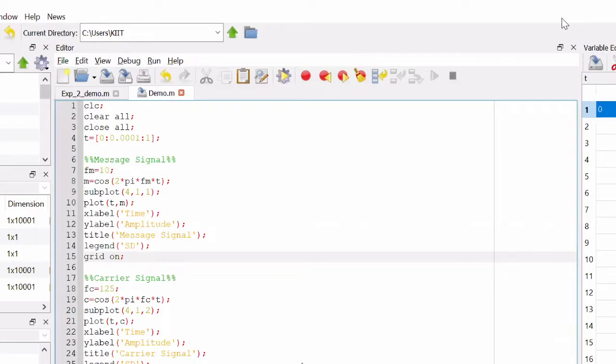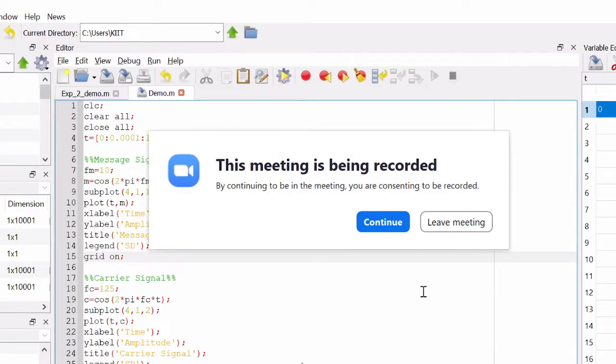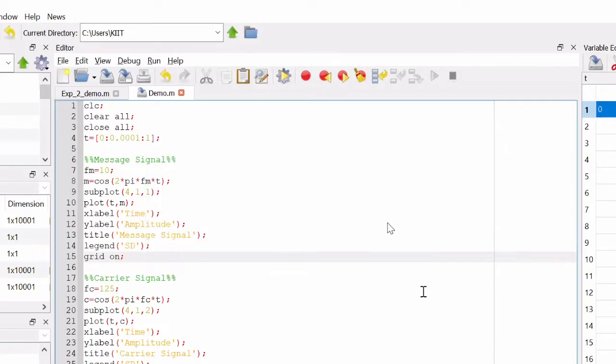If at least one or two classes, we should have the recording just for the sample. It is asking the host to give permission to record.